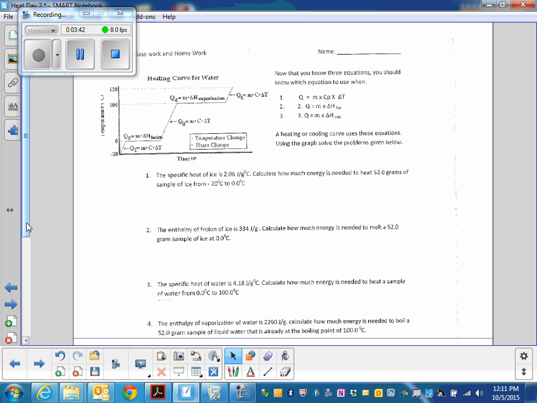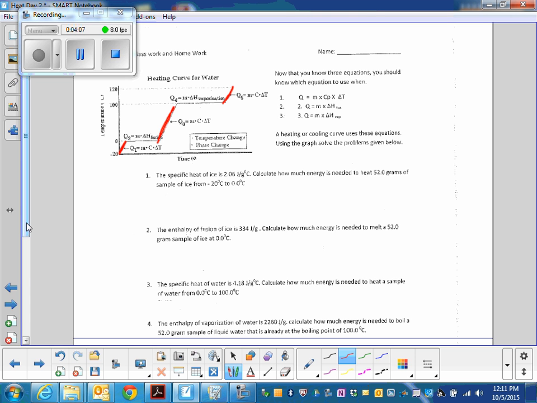We use enthalpy of fusion when it's undergoing melting. We use the enthalpy of vaporization if it's changing into a gas. And then we have the equation mCp delta T whenever there is a temperature change. Now, we have three regions in the graph.